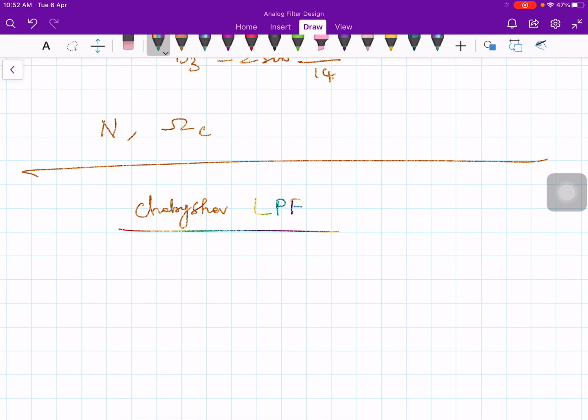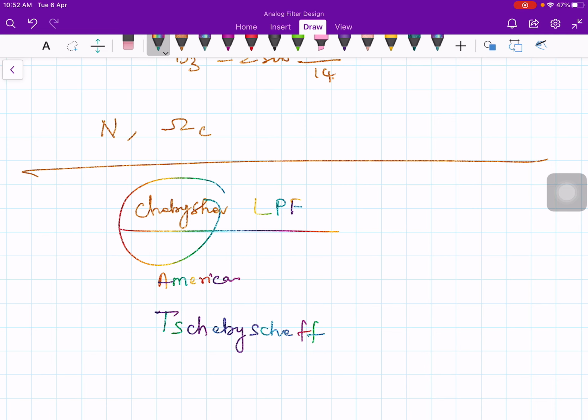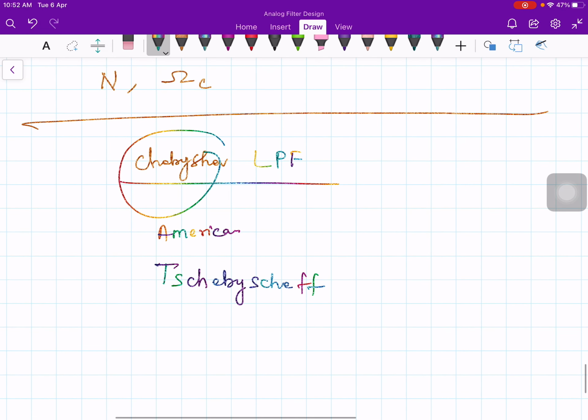The spelling of Chebyshev is quite complicated, and this is the American spelling. Okay, actual spelling is TSCHEBYSCHEFF. Okay, well, we will use the American spelling, and most of the authors they use American spelling.